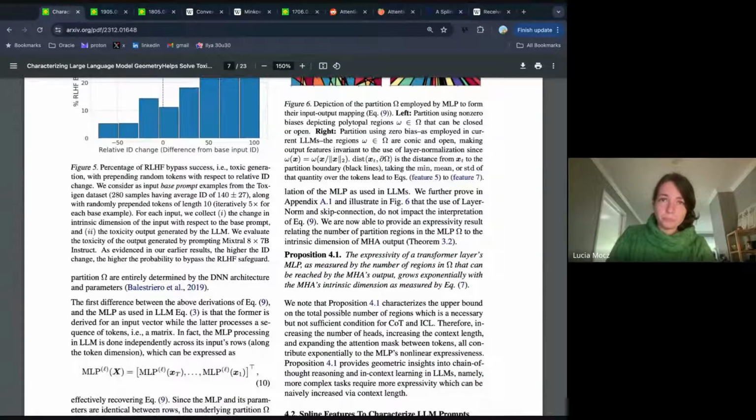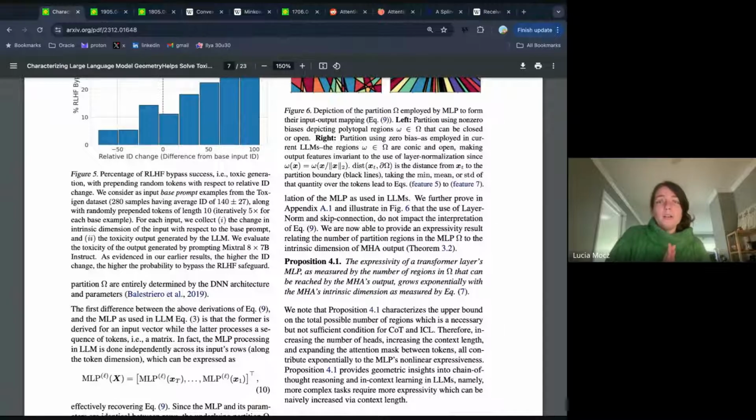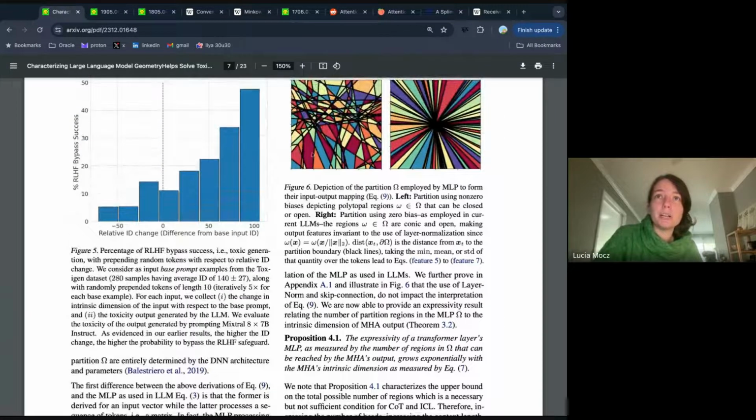The key reason that they use this formulation as opposed to the more traditional formulation is because of proposition 4.1, which states that the expressivity of a transformer's MLP layer, so the multi-layer perceptron, the feed-forward layer, as measured by the number of regions in omega that this is broken down into that can be reached by the multi-head's output, grows exponentially with the multi-head output's intrinsic dimension.